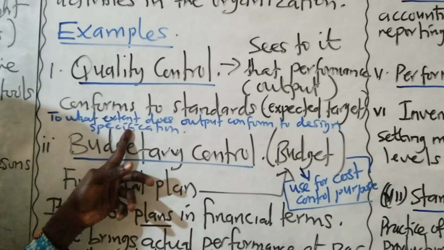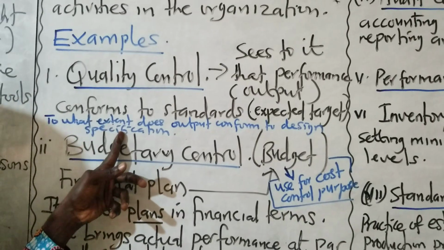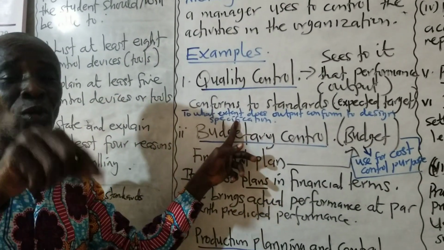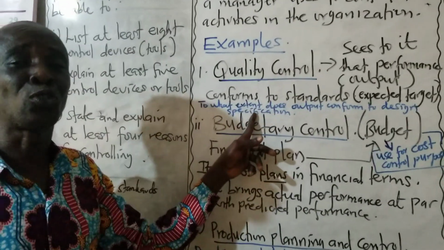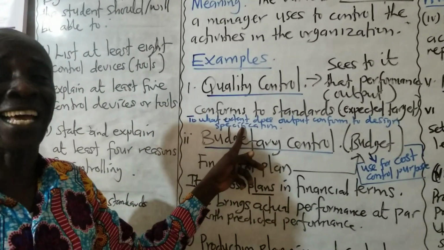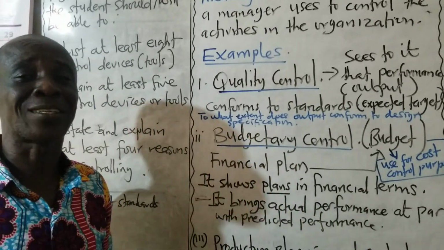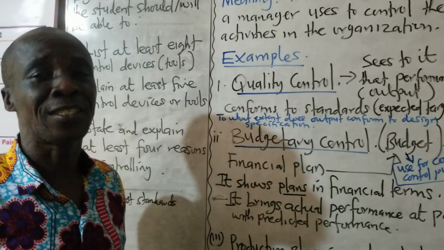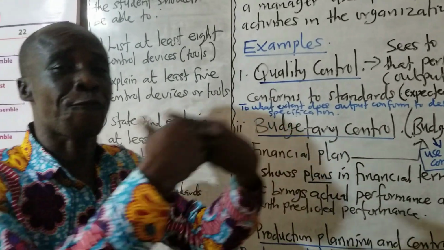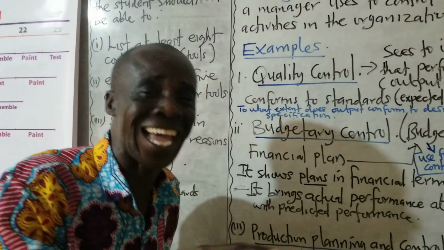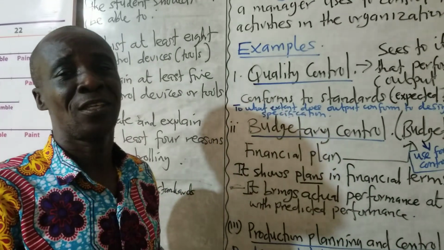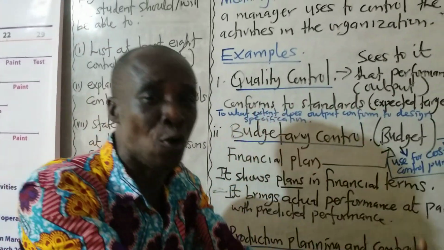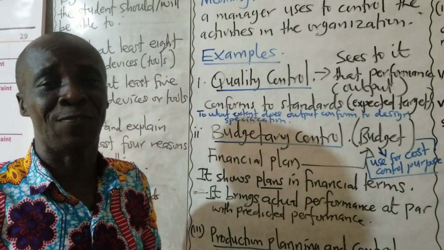Your school uniforms or your house dresses, the school gave to tailors. Yes, the school designed it and determined what they wanted, and the output should conform to the design specification. So if you are looking at quality, then you are looking at the extent to which the output conforms to design specification.